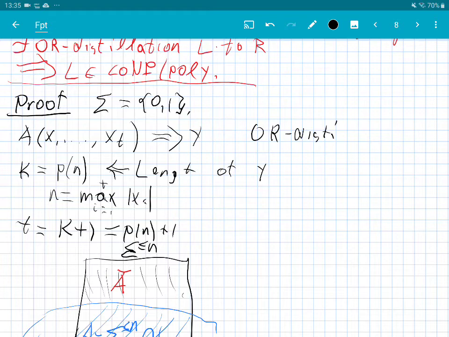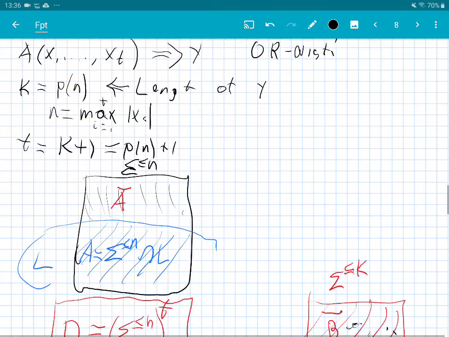And this OR distillation was all about this t, that we have a polynomial time algorithm A that takes t tuples of strings and essentially compresses them into this one instance, which is true if and only if the original instance is true.